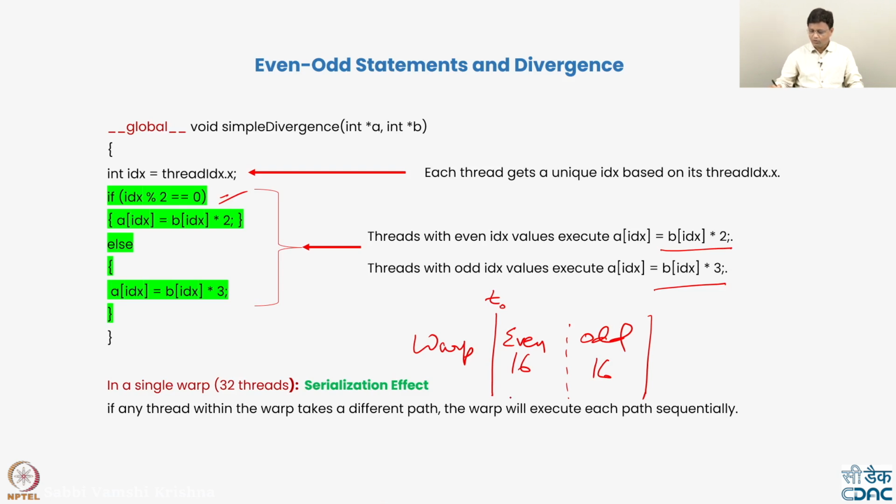What should happen is that all threads within a warp execute simultaneously, but that is not happening, it is getting divided into 2. So, it is a sequential effect, a serialization effect. The 32 threads execute sequentially: first 16 threads, and in the next cycle the other 16 threads are executed.